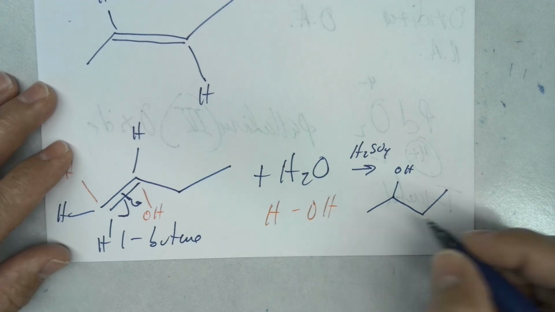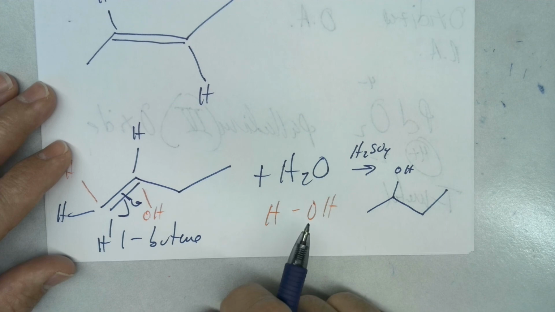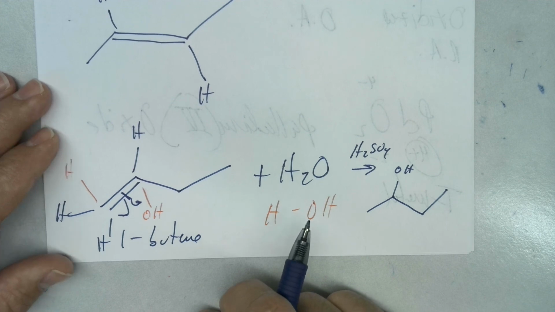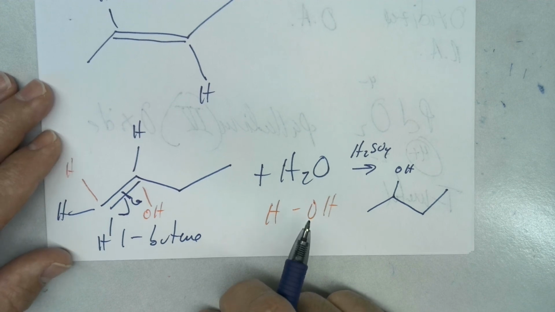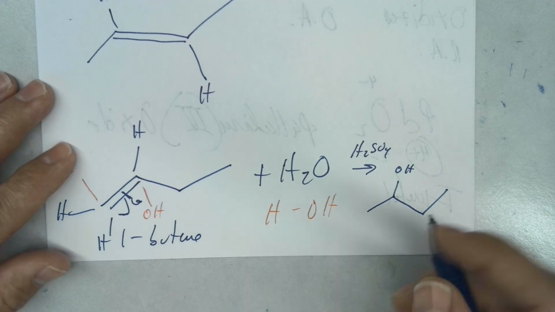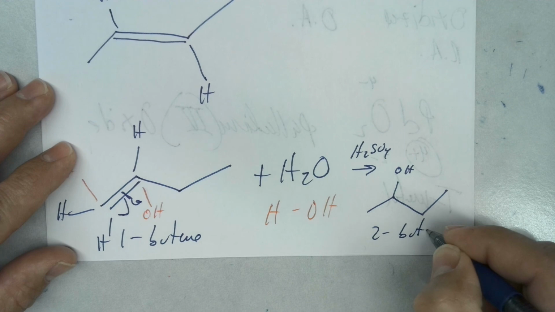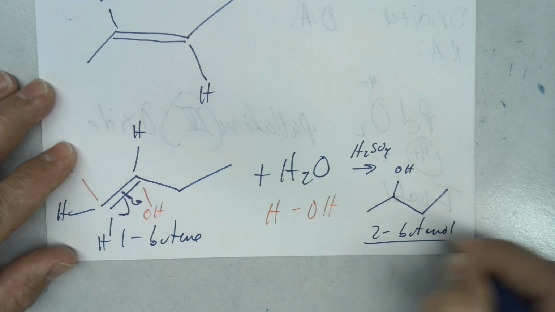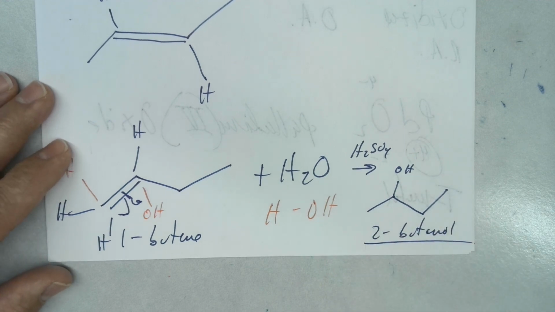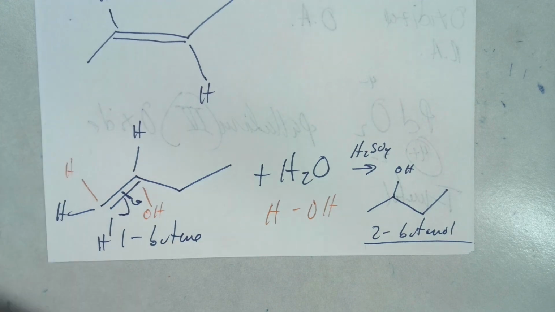Yeah, you're close. Is that you, Aaron? Would it be 2-butanol? Exactly, 2-butanol. Why would it be 2-butanol? The second carbon's the one that touches. Exactly. The second carbon's where that alcohol is bonded. That is exactly what you would say.